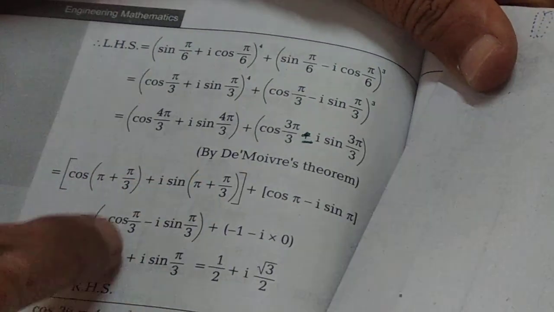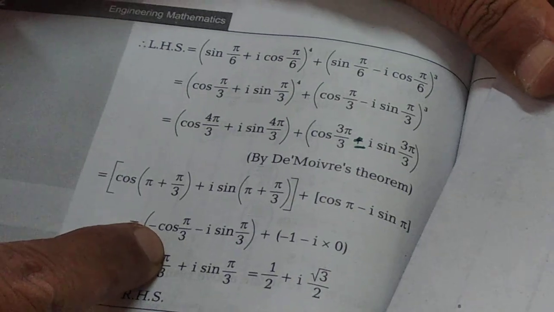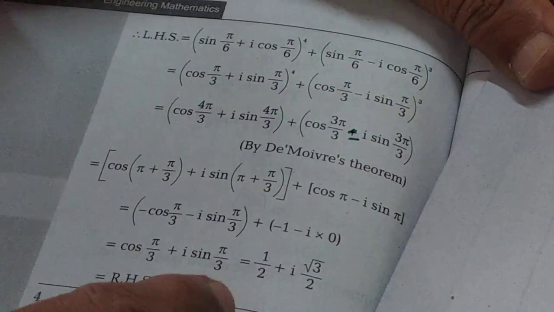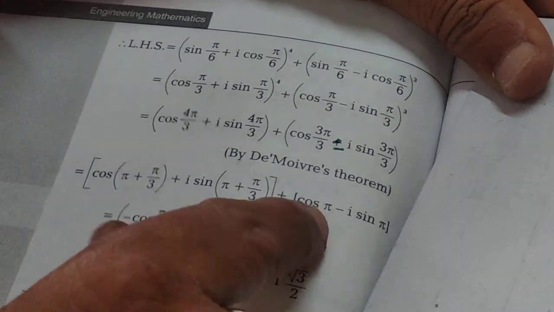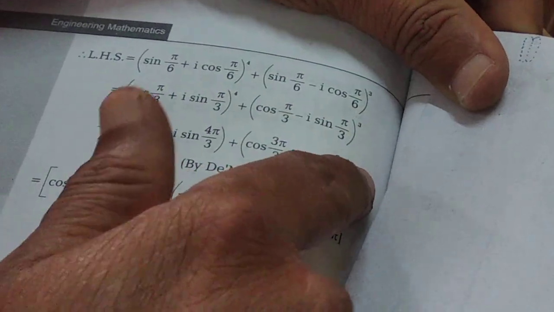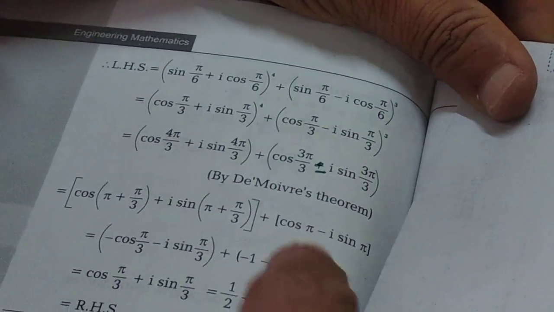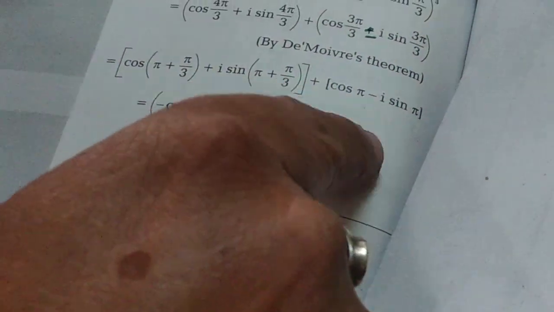So we put the values of cos of 4 pi by 3 as minus cos of pi by 3, and I sin 4 pi by 3 as minus sin pi by 3, and cos 3 pi by 3 means cos pi, and minus I sin pi is 0, cos pi is minus 1. So we put the values of cos pi and sin pi here.